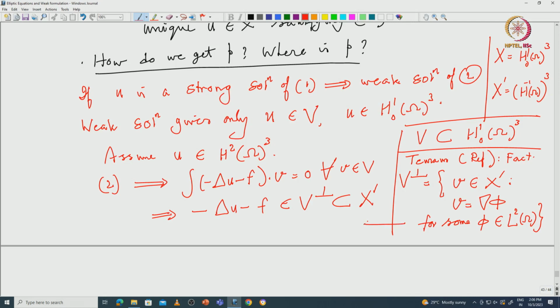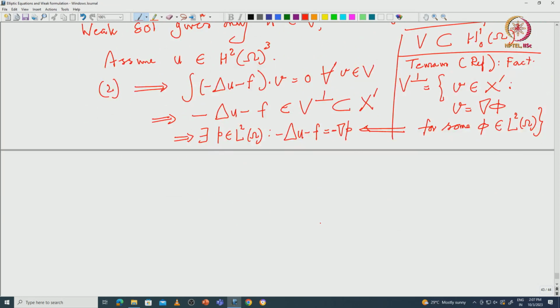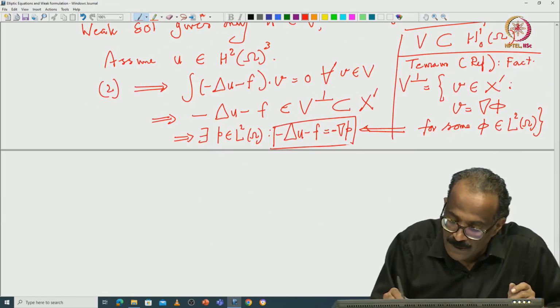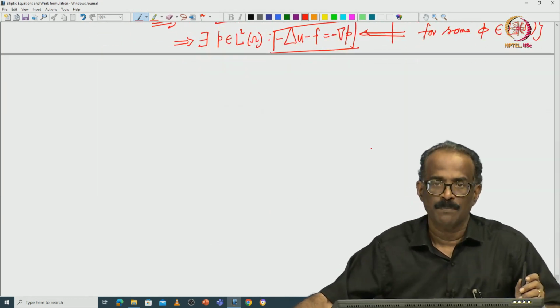So, minus Laplacian of U minus F is in V perp, that implies that there exists P in L2 of omega such that minus Laplacian of U minus F is equal to gradient of P. To satisfy the equation, you can put a minus here. Okay. So, that is how you recover your pressure P.